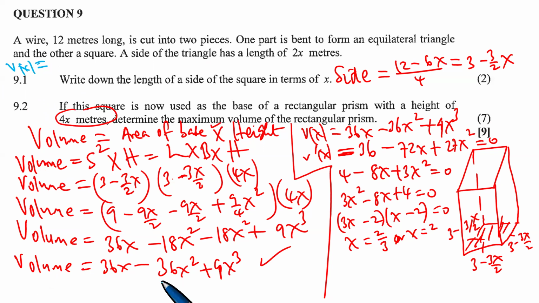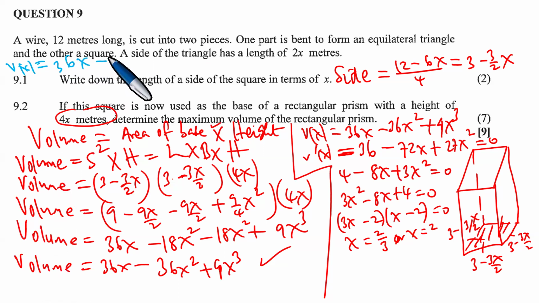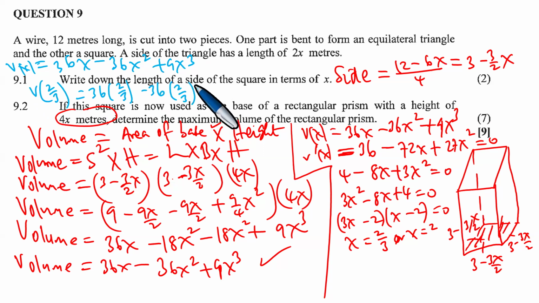So V of x is this one, 36x, which is 36x minus 36x squared plus 9x cubed, which is 36 times 2/3, minus 36 times 2/3 squared, plus 9 times 2/3 cubed.